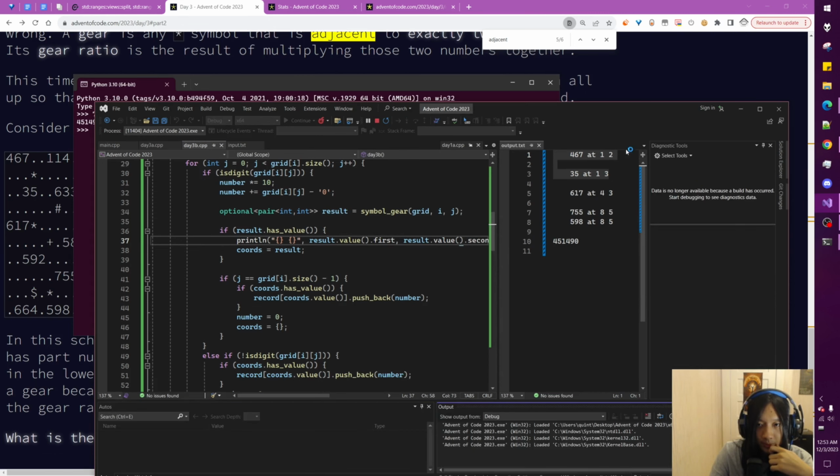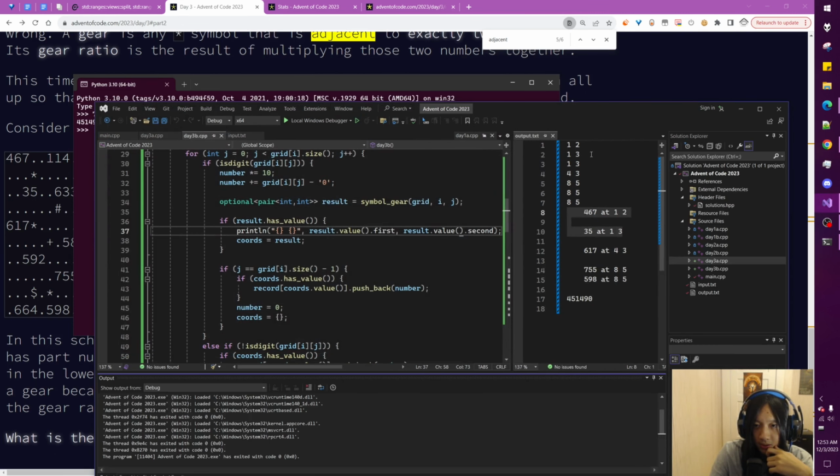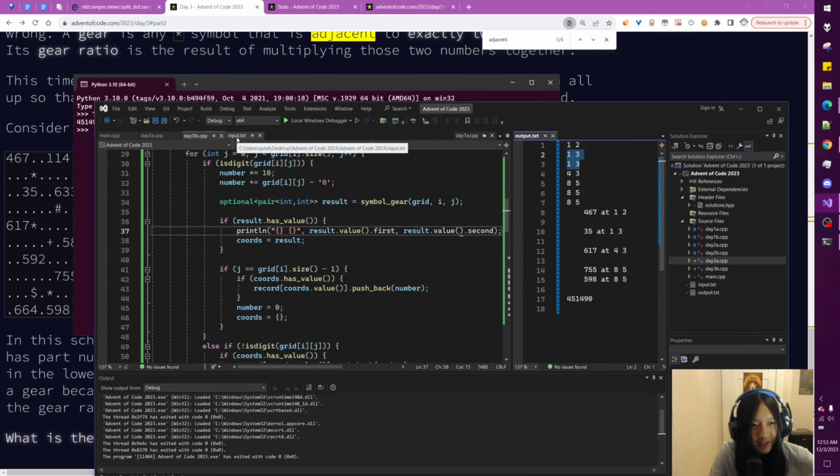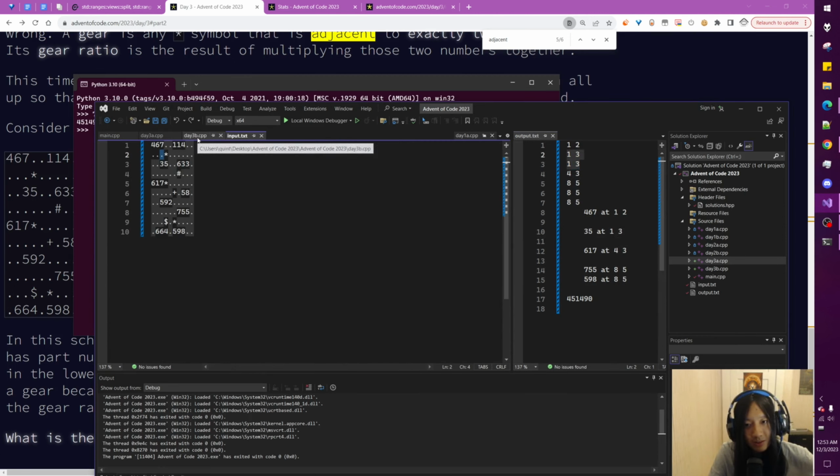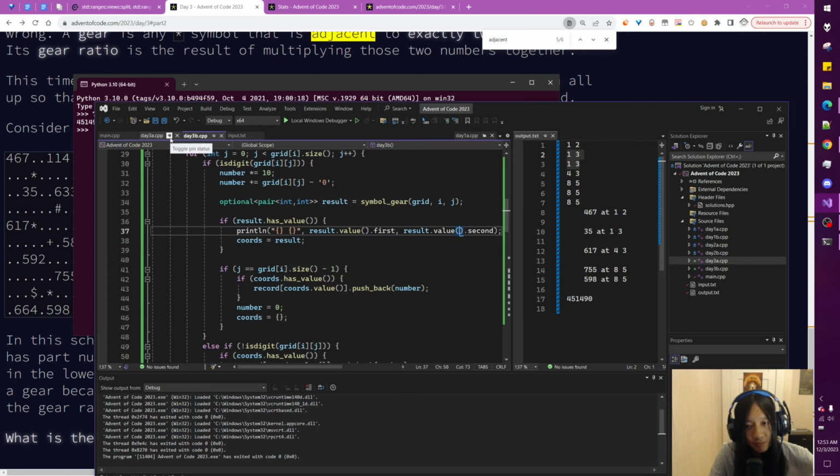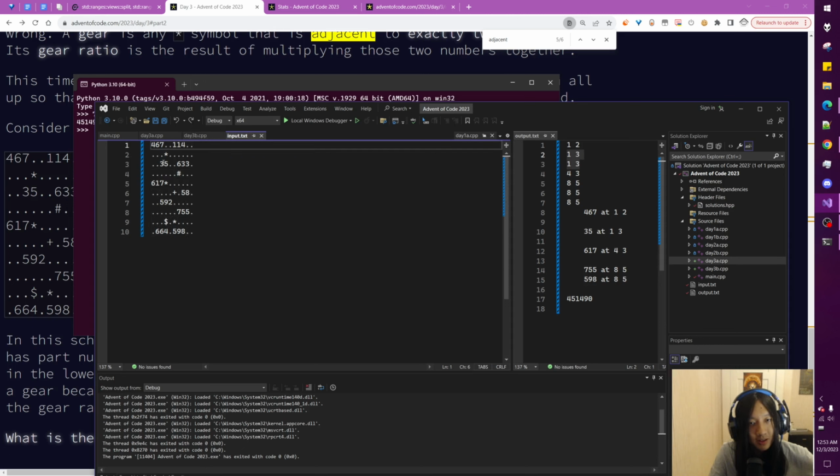So these numbers should be 1, 2, and then 1, 3. Hey, there's two 1, 3s, and that is the correct coordinate, so why is it not being overridden? Oh, it's being found twice. Is that what's happening? Actually, it doesn't matter if it is.